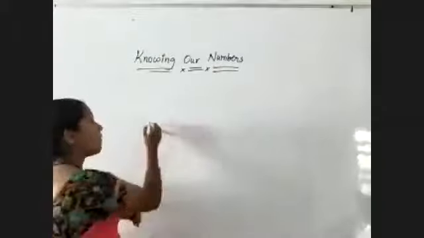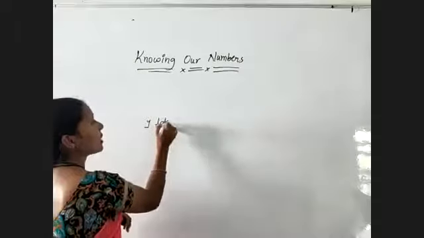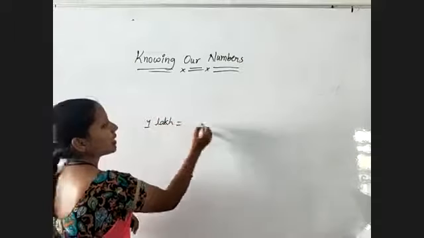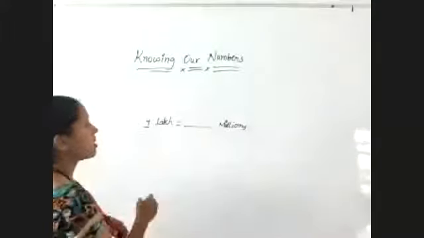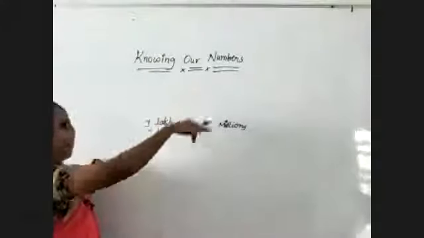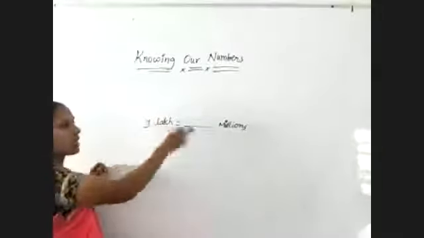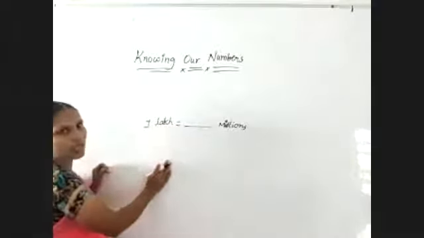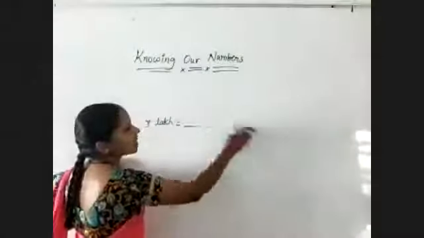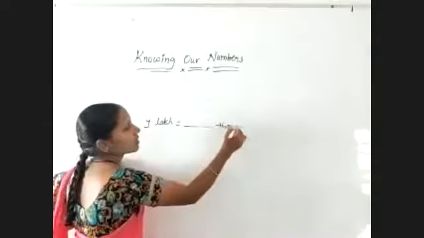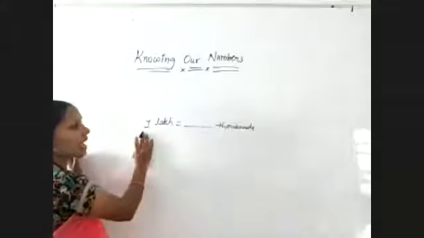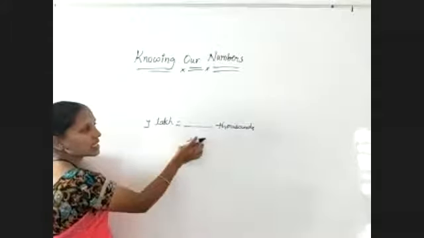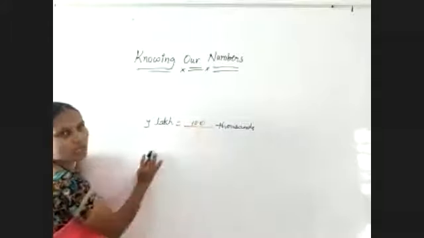And now, what will be the relation between Indian and international systems? 1 lakh is equal to how many thousands? If you are taking the place value system, you can relate and solve that. 1 lakh is a fixed number, and here the fixed number is 100,000.